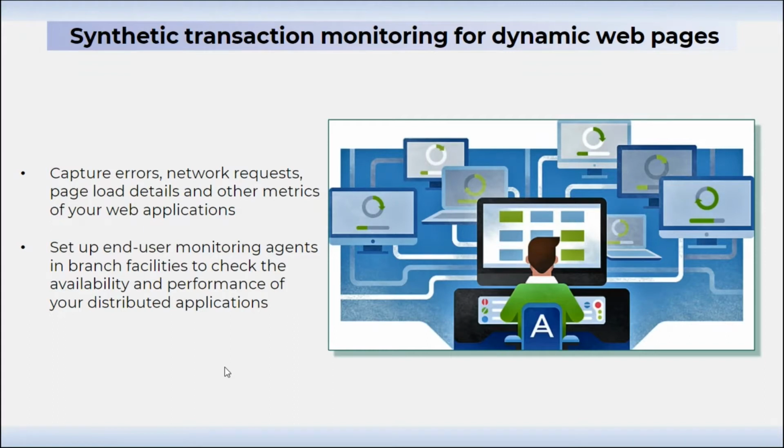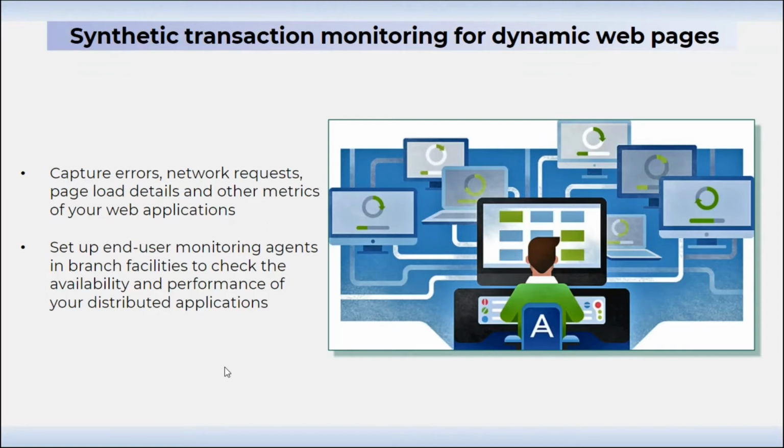In this case, we require an agent which communicates with the website, and it collects all the parameters, which might include network requests, load time details, DNS details, network latency, and it gives us screenshots of different web pages or different transactions, as we will see in the following slides.